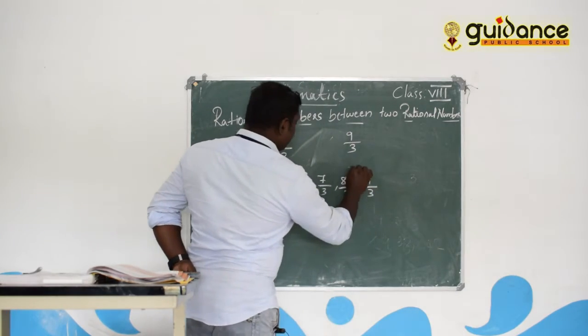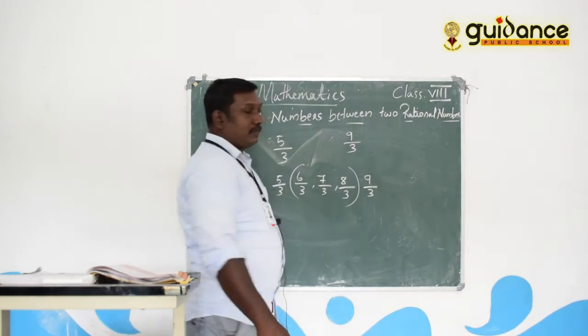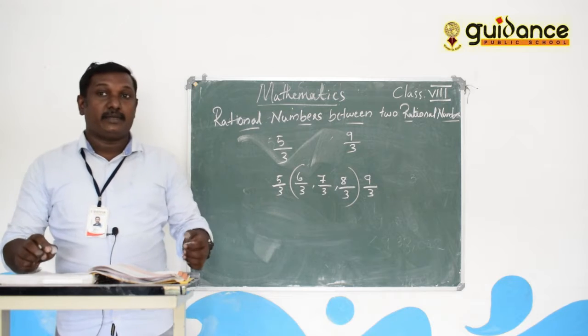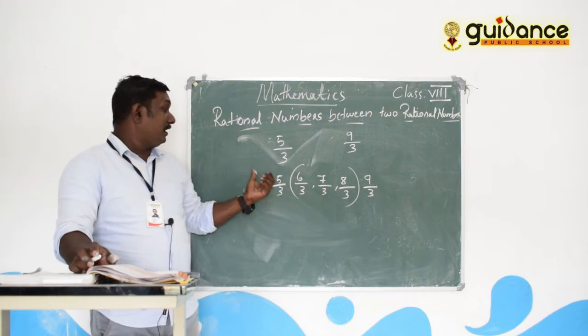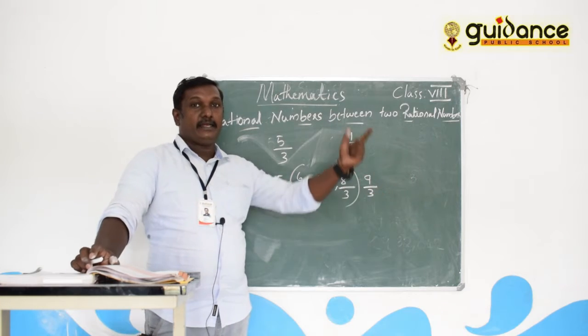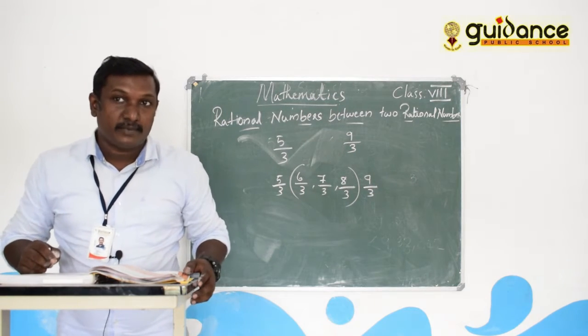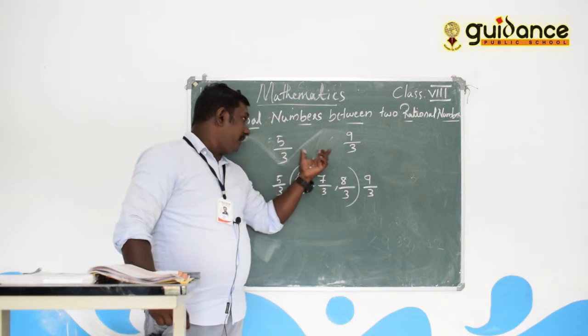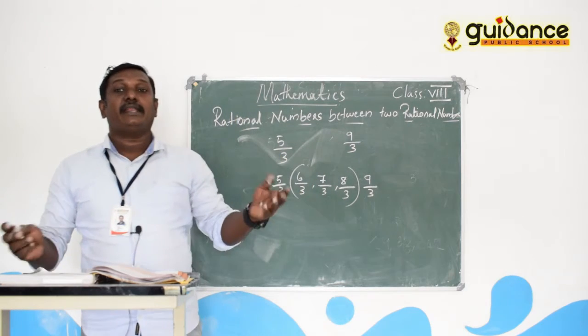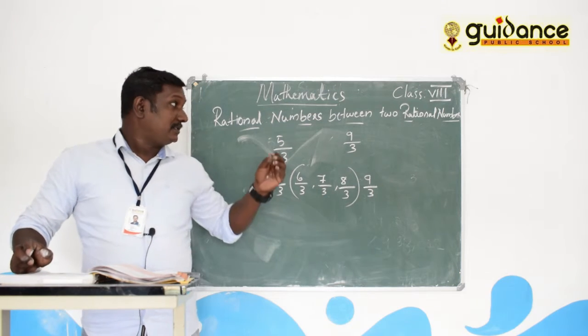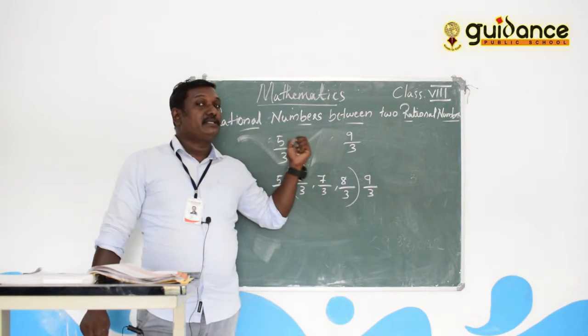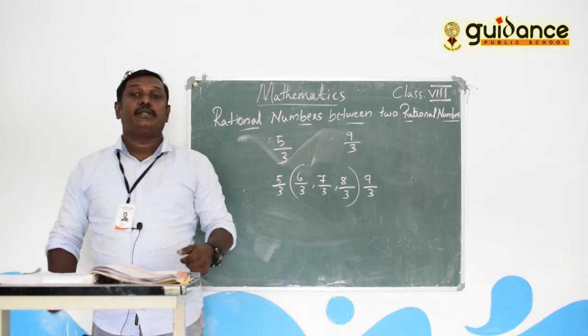These three numbers we can say are in between 5 by 3 and 9 by 3. Listen here, the denominators are the same so we can easily identify the numbers in between them.